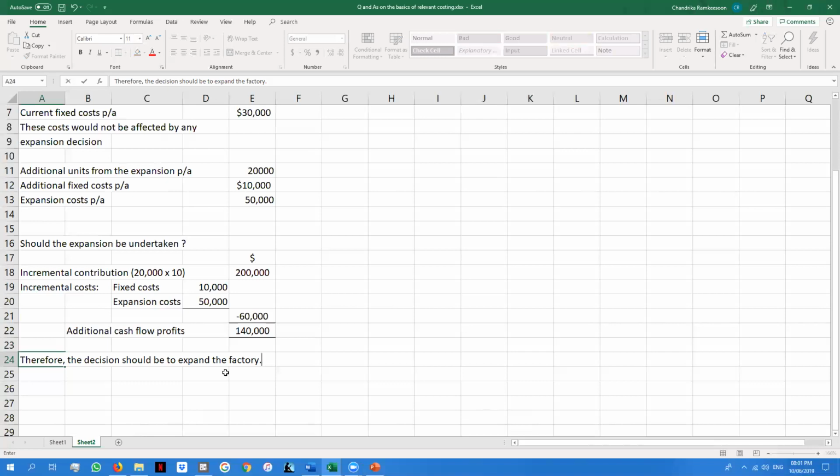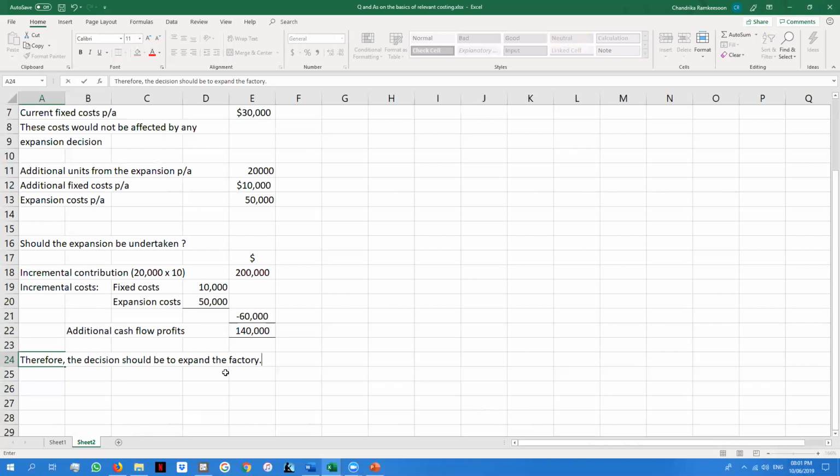And the question may try to trick you by saying the company would apportion the fixed cost now over the existing and the new units. So you're going to take the existing 30,000 and apportion it over 120,000 units, meaning it will be spread over more units.